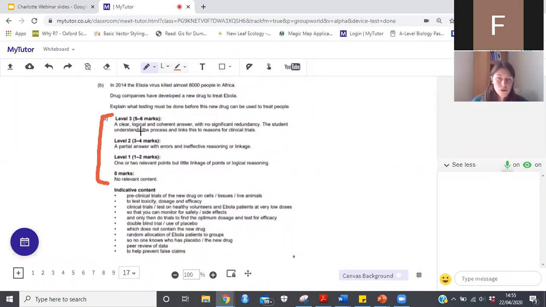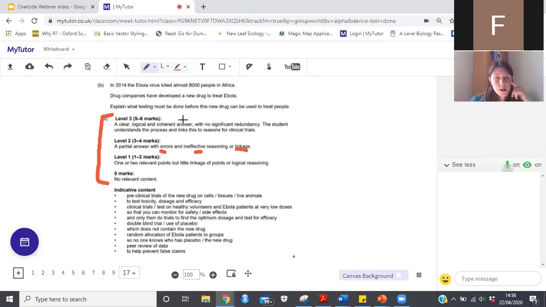So for level 2, for 3 to 4 marks, a partial answer with errors and ineffective reasoning or linkage. So if you've written a couple of explanations, but they are relevant, even if you put in a couple of errors, you can still achieve that 3 or 4 marks out of 6. So it's well worth writing complete sentences and giving these questions a go, even if you're not quite sure.